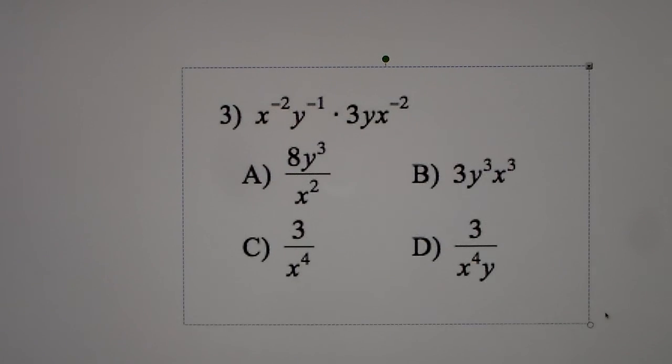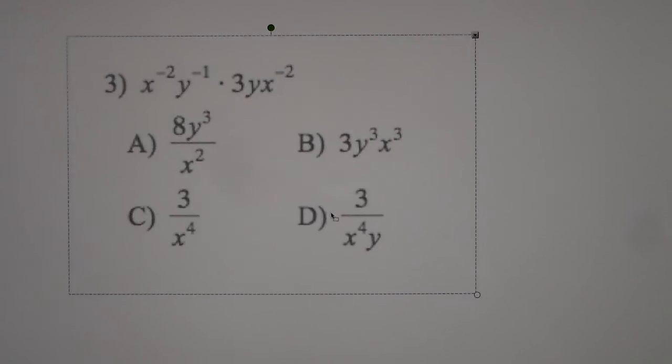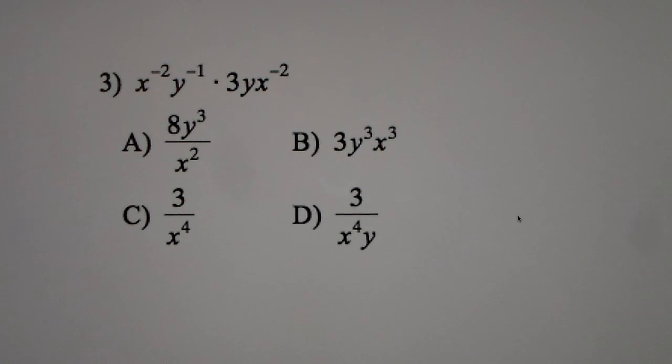Let's look at number 3. So we have x to the negative 2 times y to the negative 1 times 3 times y times x to the negative 2. So let's do the numbers first, though. There's an imaginary 1 in front. So 1 times 3 will just get us 3. Now x to the negative 2. Oh, this is all times, so we could combine this stuff too. So x to the negative 2 times x to the negative 2.